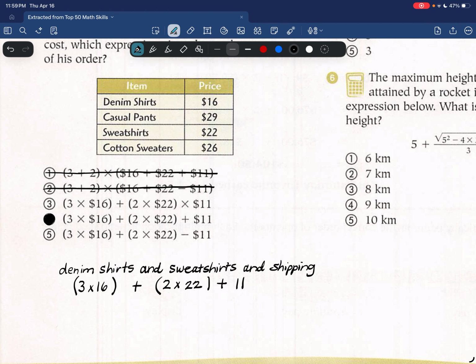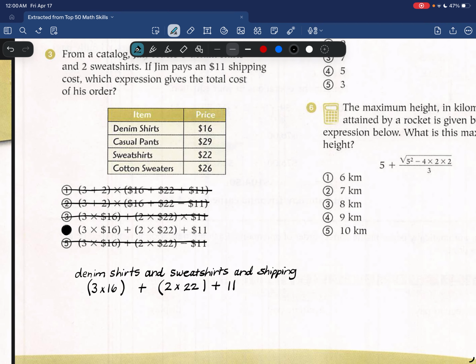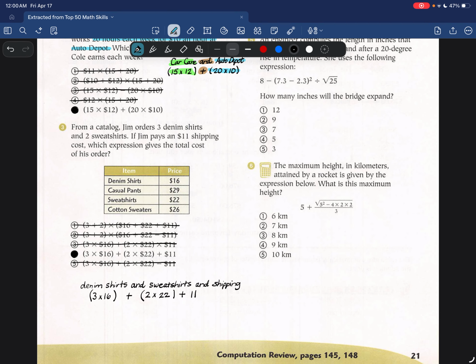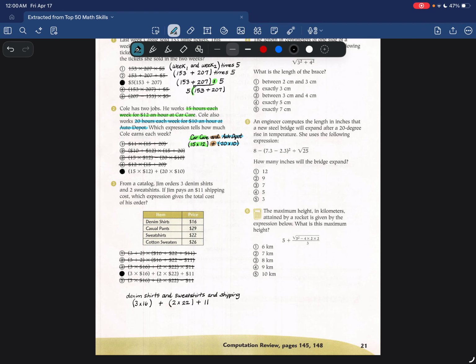Number 3, they have the 3 times 16 and the 2 times 22, but they multiplied the shipping instead of added it, and that's not what we want. And then number 5, fine, except they subtracted the shipping. We don't want to subtract it. It is an expense in this picture. So I like number 4 for this one. We're adding up all of his expenses.